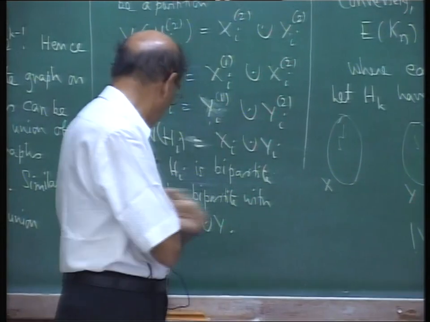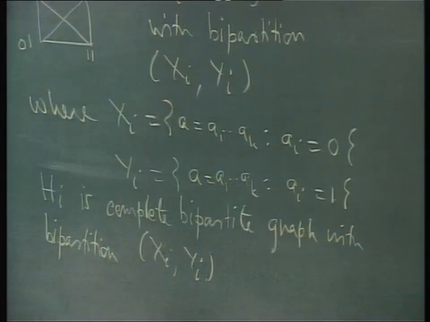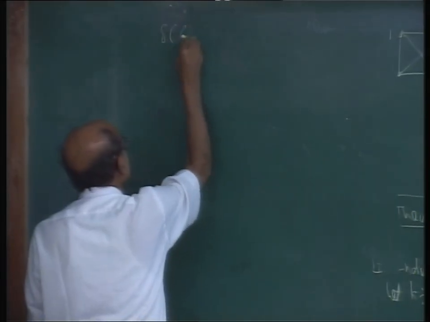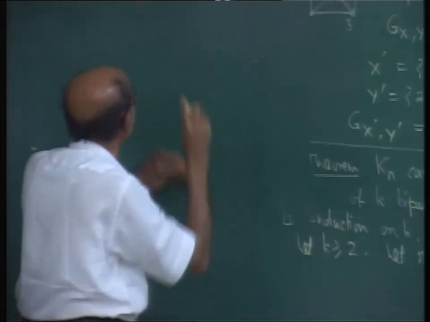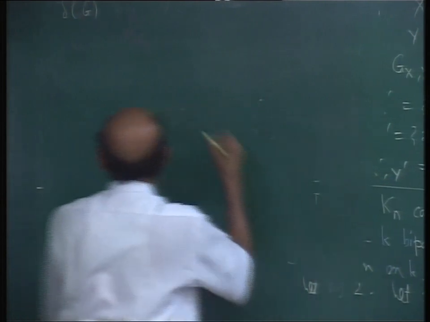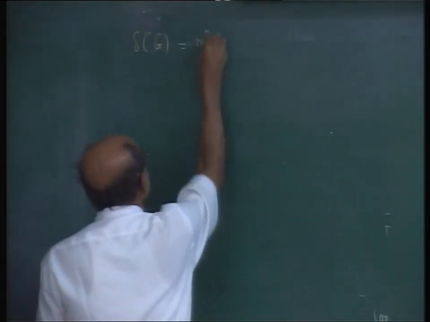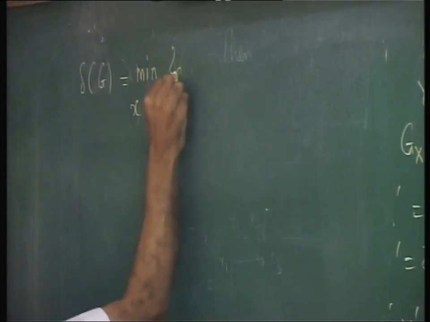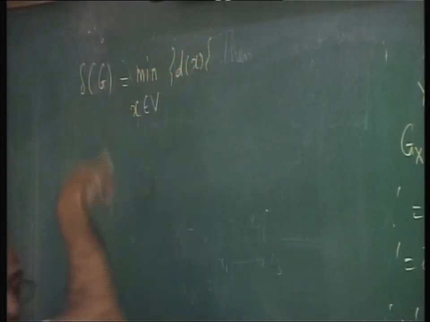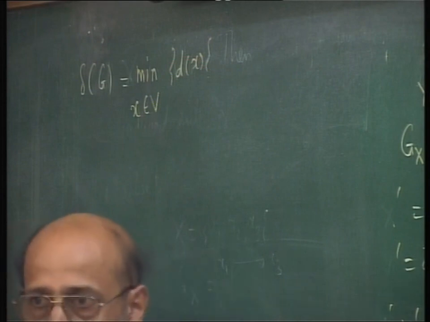Okay, now one more result. I have used this symbol small delta. Have I used this earlier or no? No. Okay, all right. Smallest degree of a vertex.